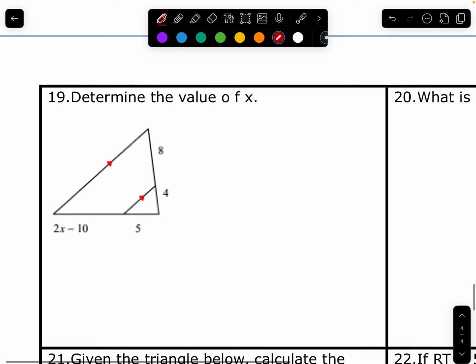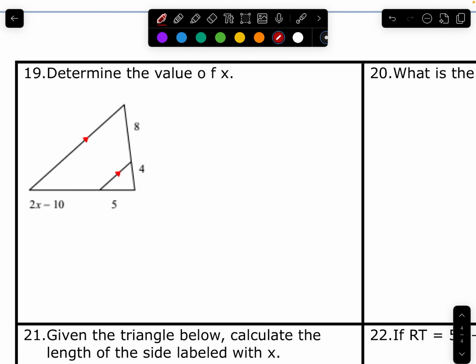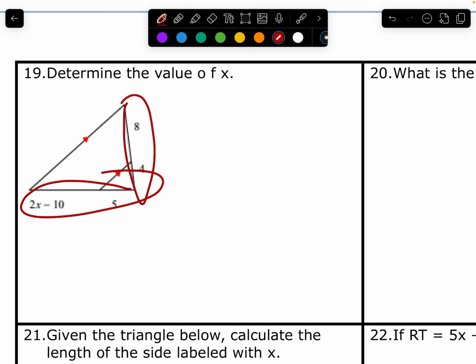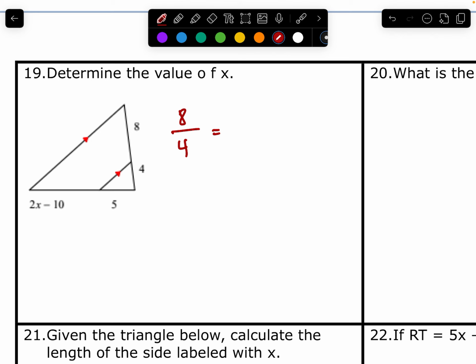Number 19. Find the value of x. Since those two lines are parallel, we know that these are similar triangles. And since we're using these sides, we can set up a proportion. So 8 over 4 equals 2x minus 10 on top and then 5 at the bottom. Then just cross multiply and solve.